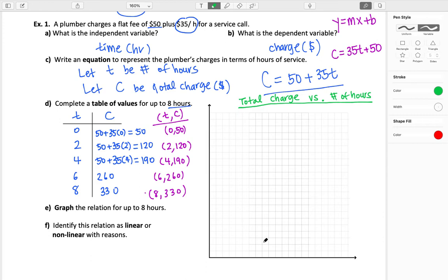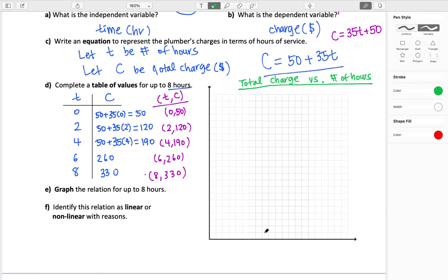And then let's label my x and y axes. For the x-axis, it's going to be time in hours in brackets. So this is 0, and I could do 2 squares representing 1. So this is 2, 3.